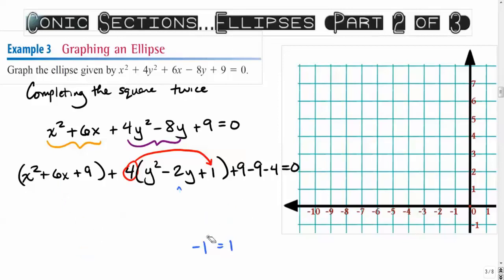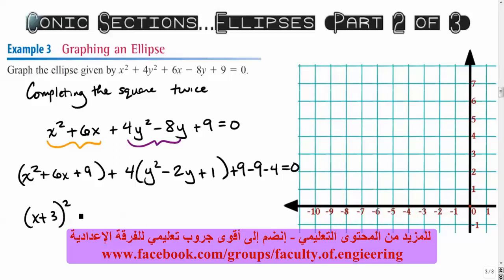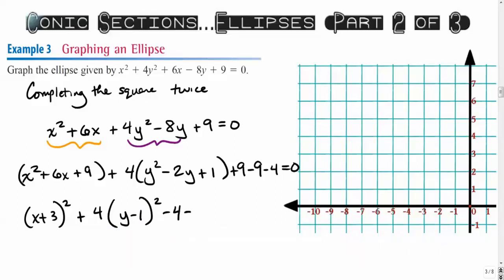Let me get rid of some of this stuff and we'll continue working here. We've got x plus 3 quantity squared plus 4 times the quantity y minus 1 squared plus 9 minus 9 is 0, minus 4 equals 0.